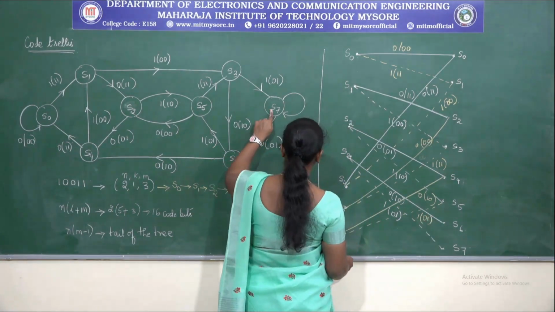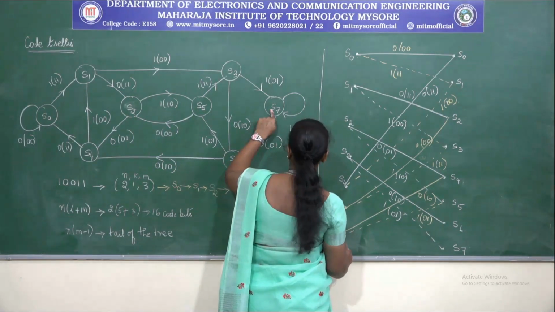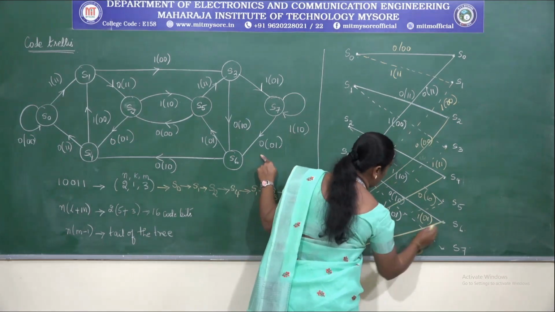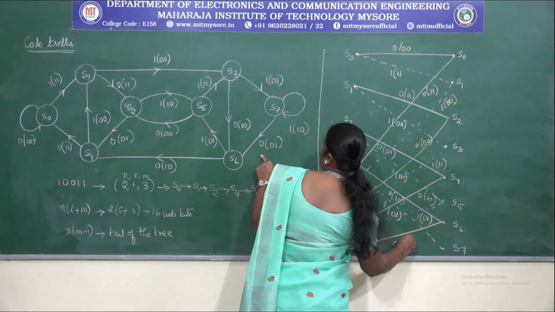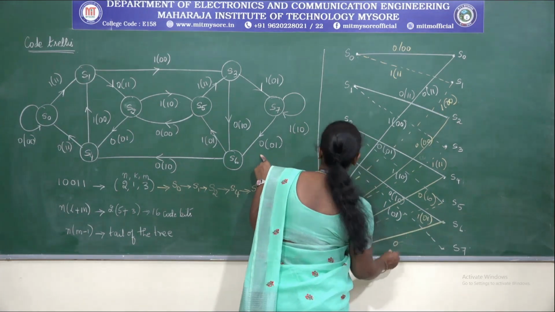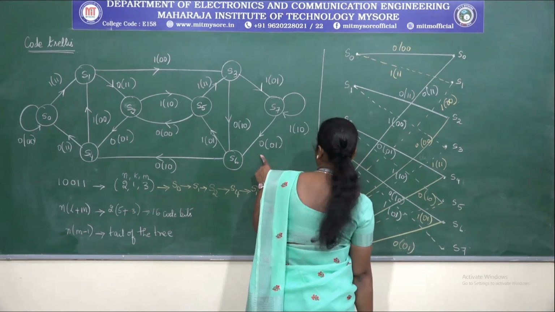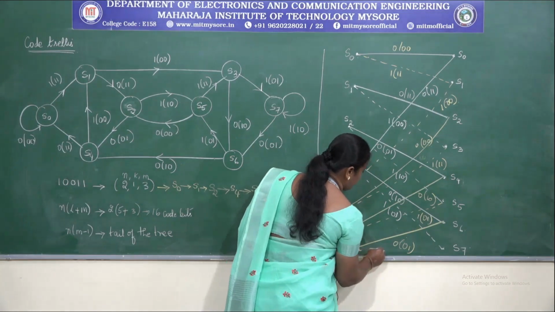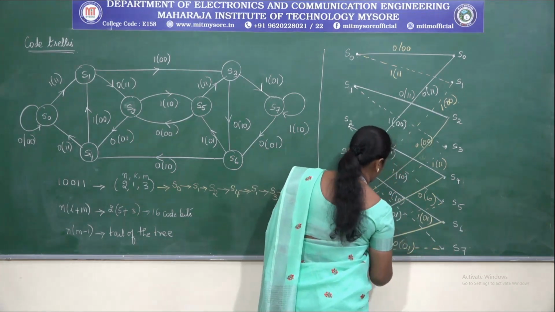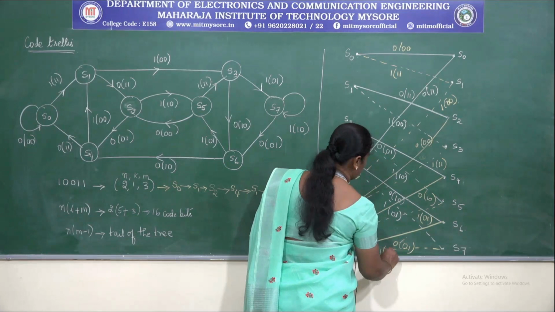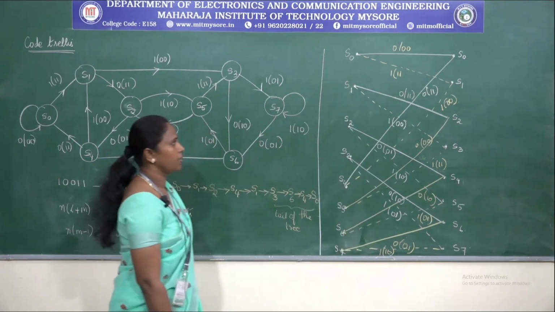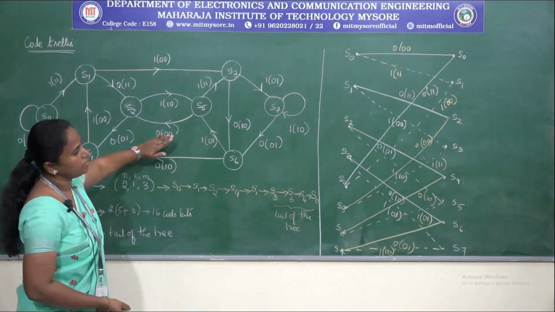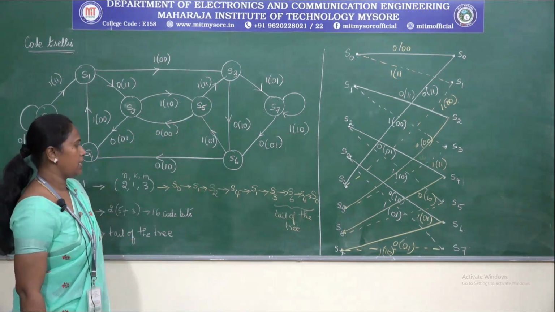Now with respect to S7, if the input is 0, it reaches S6. Output is 0, 1. If the input is 1, it is itself. For this, the output is 1, 0. Okay. So now the state diagram I have written completely in the trellis diagram.